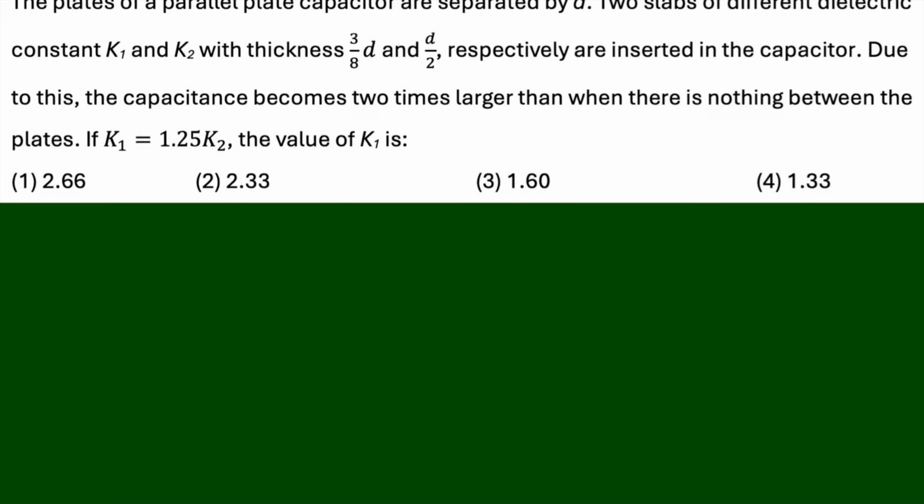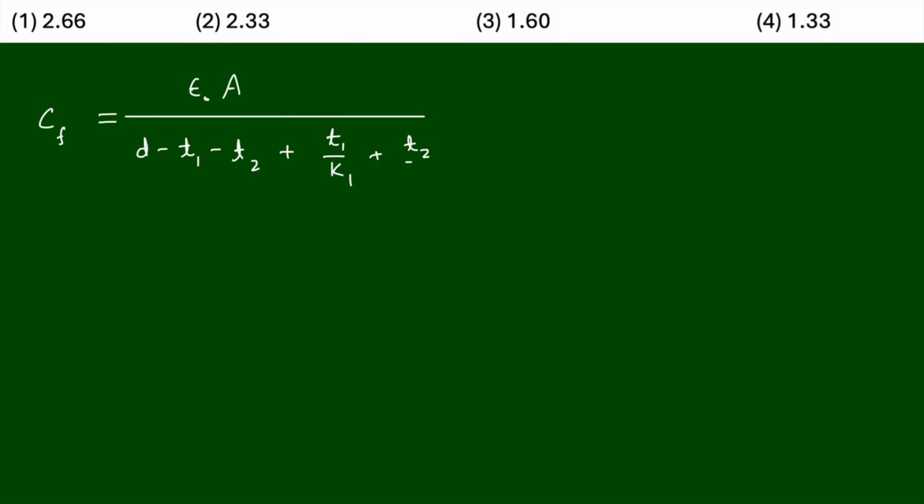The formula we know is, if we insert multiple slabs in a parallel plate capacitor, then C final is equal to epsilon naught A divided by D minus T1, T2 plus T1 by K1 plus T2 by K2, where T1 is the thickness of the first slab, T2 the thickness of the second slab, and K1 and K2 are the dielectric constants of the first and second slabs.